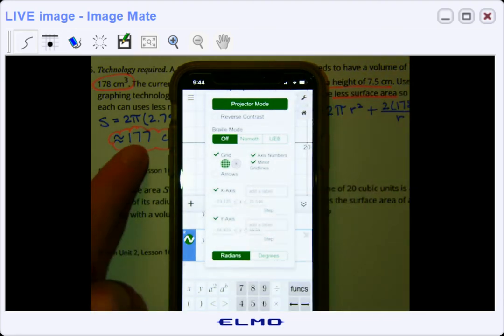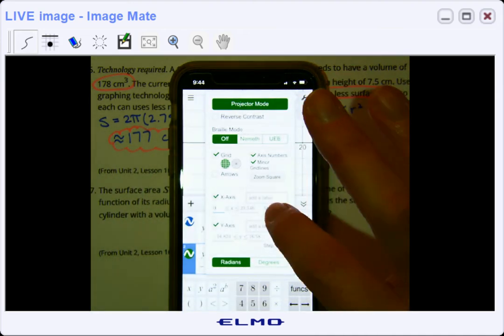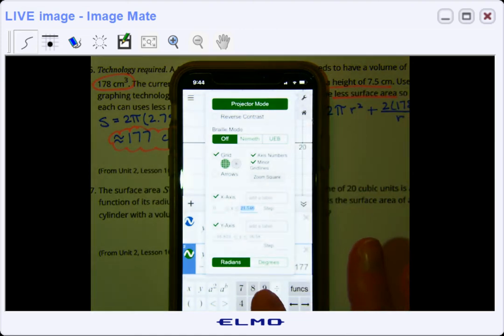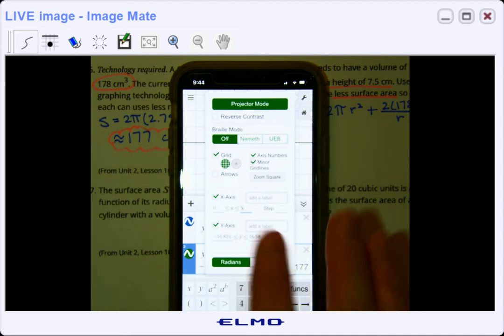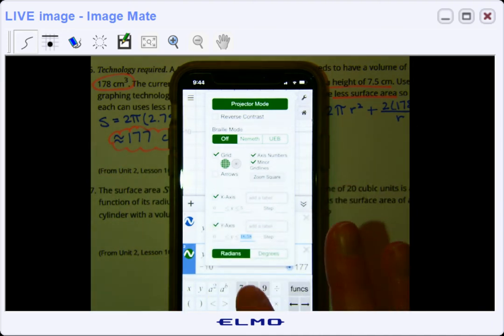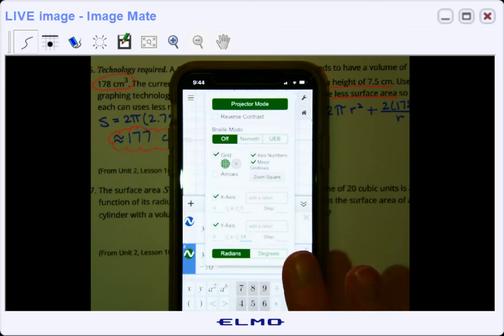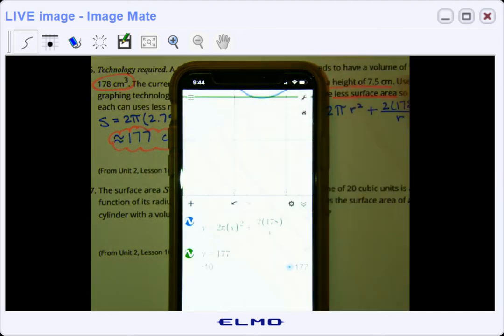I know this has a radius of 2.75, so I'm going to have X go from 0 to 5, and Y go from 0 to, let's say, 190, so I should be able to see it in that window.